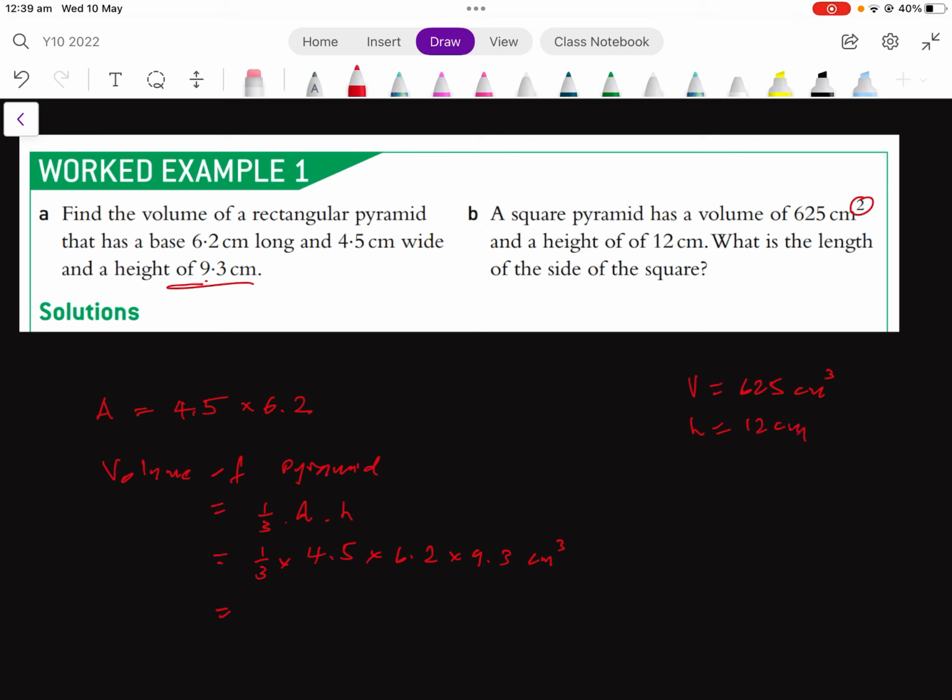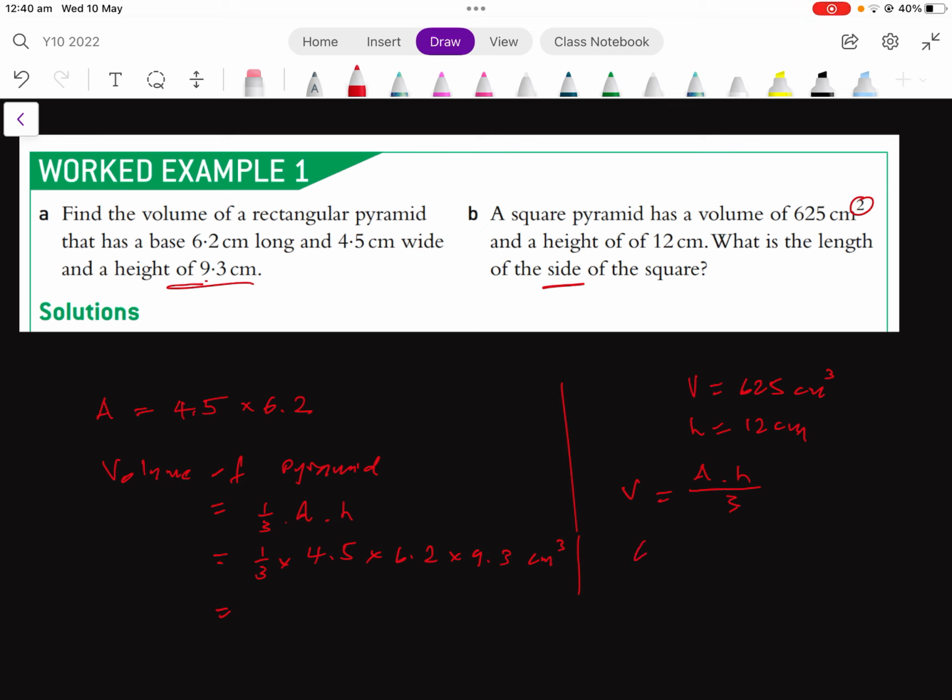So what is the length of the side of the square? So we need to find the A into H, and the 1/3 of that is my volume. If I find the A, I can find the corresponding area of the base, which happens to be a square. I can find the side of the square, correct?